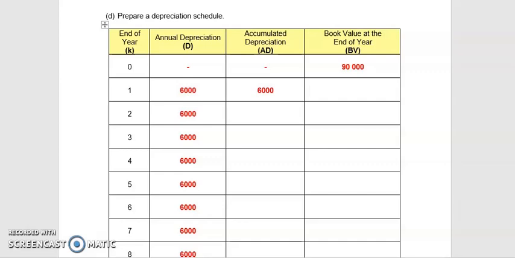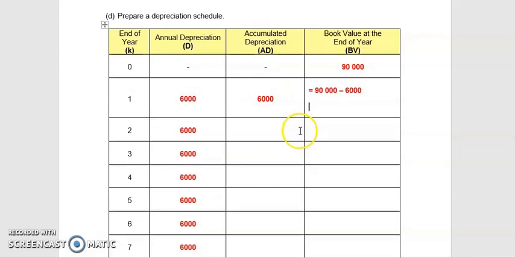Value of the asset at that particular year. Just now we bought the asset at 90,000. After 1 year, it depreciates for 6,000. So what is the new value, or the book value year 1, which we can also write as BV1? Book value year 1 equals original cost minus accumulated depreciation. So this one equals 84,000.